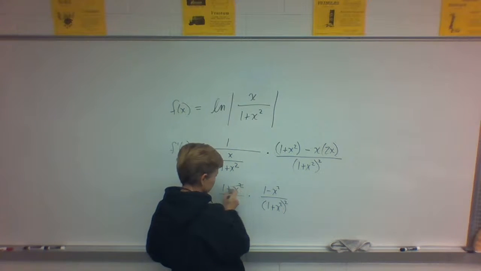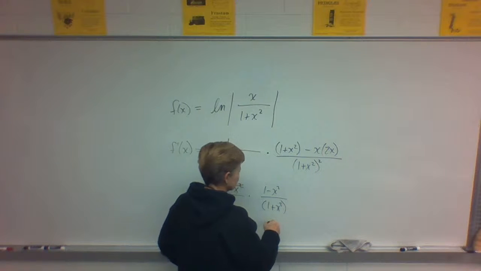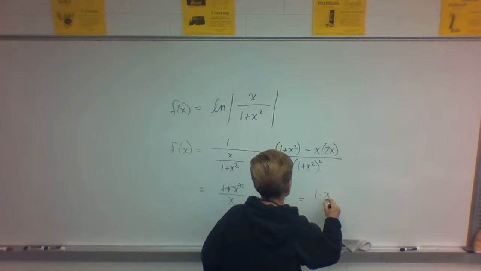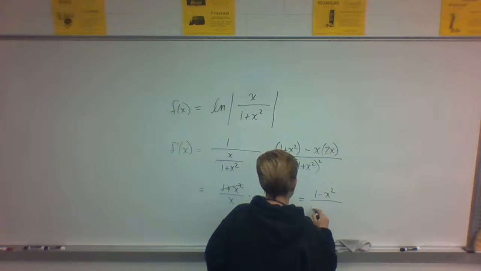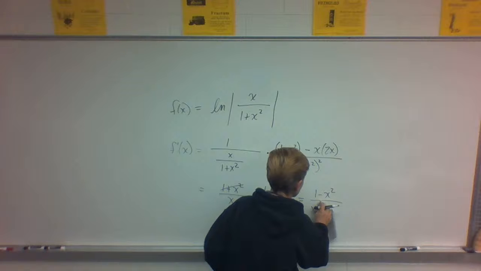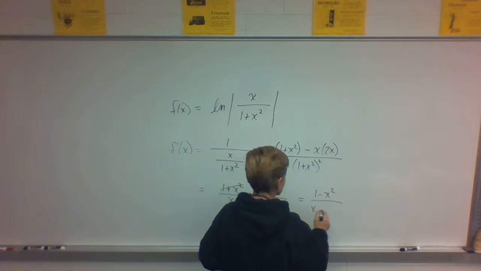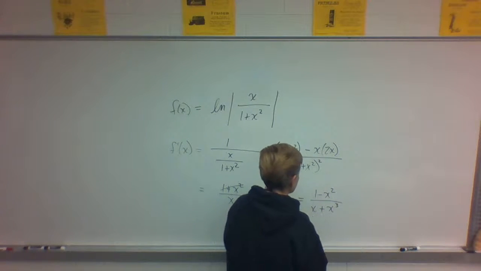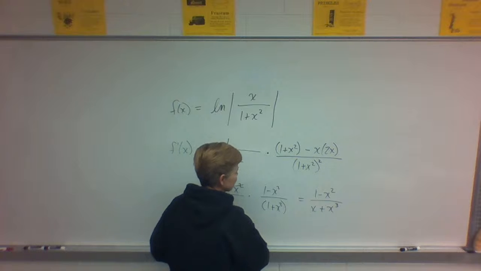Y'all clear? Yep. So we're now down to 1 minus x squared over x plus x times 1, x plus x cubed, in the distribution. Okay, so that's about as simple as our derivative's going to get.